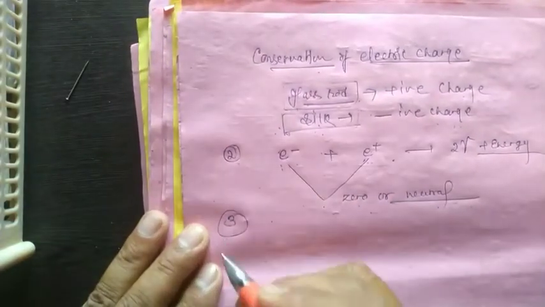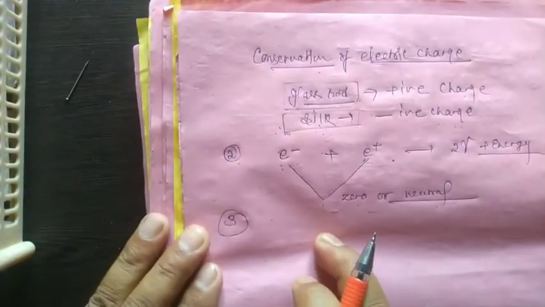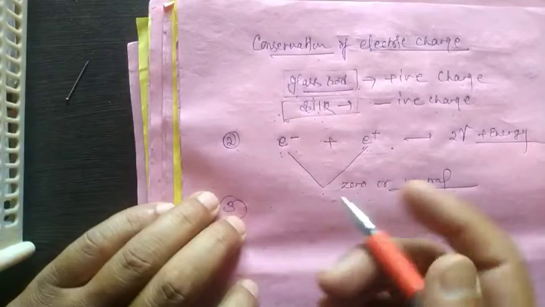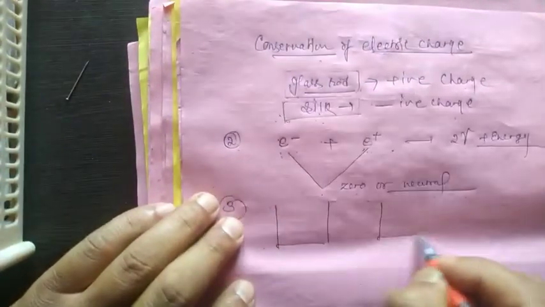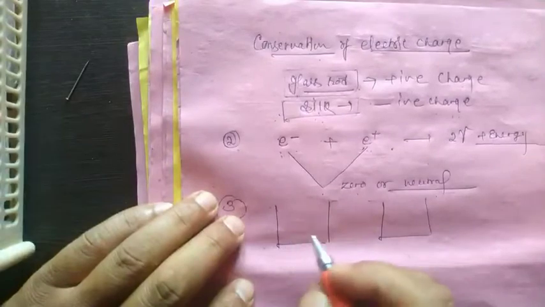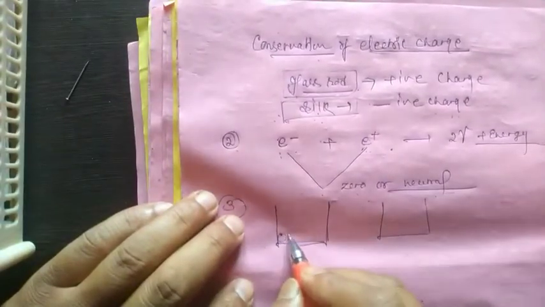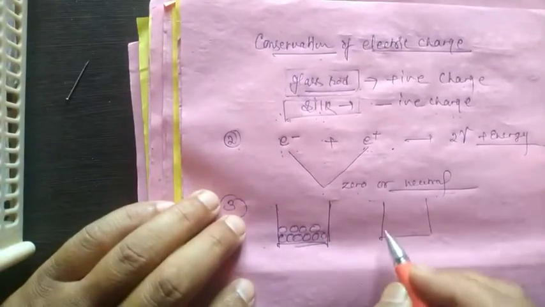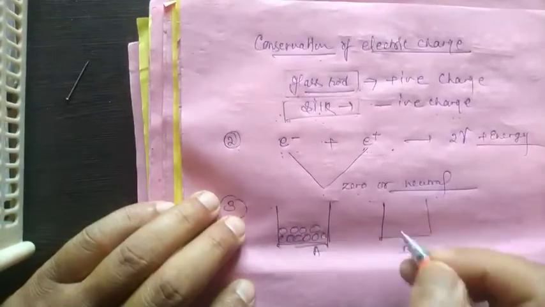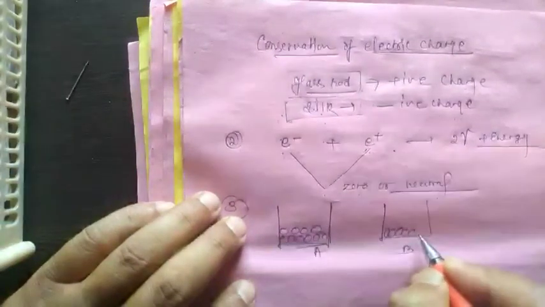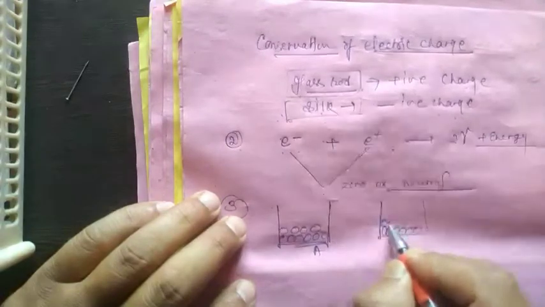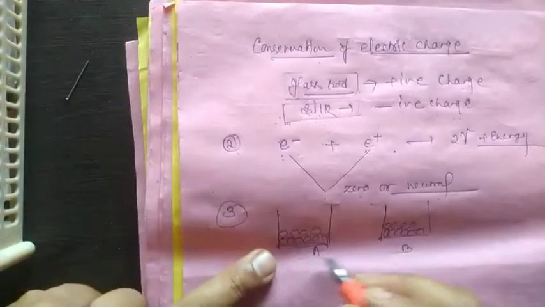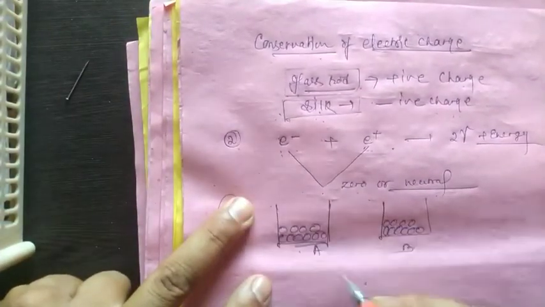It is very easy to understand with the help of an example. Suppose we have two containers. Container A has 10 balls, and the other container, B, has the same number of balls, 10.